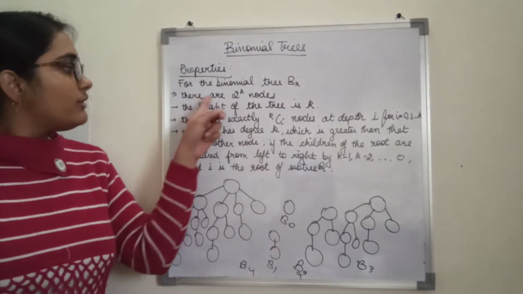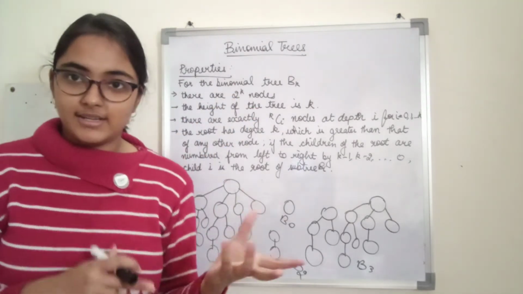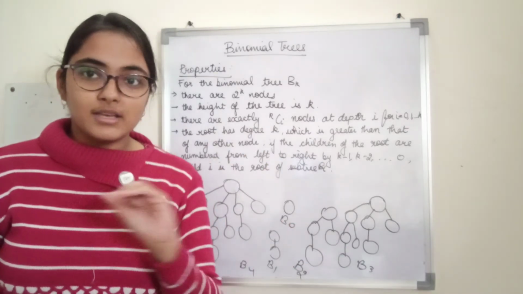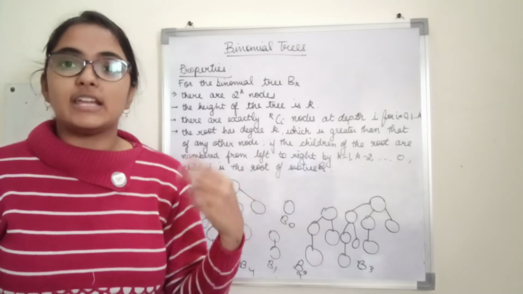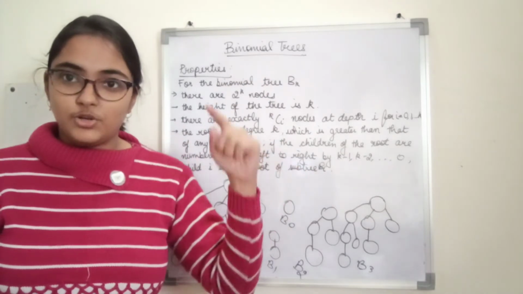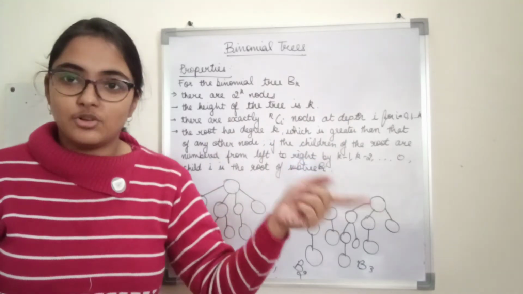So how do we prove it for 2 power k nodes? We will prove it by induction. How does induction work? The basis is 0. For k equal to 0 we take the basis. In induction, we can take it for k equal to 1, then assume it to be true for n equal to k, and then prove it for n equal to k plus 1.